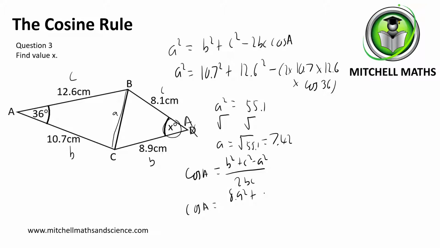8.9 squared plus 8.1 squared, take away a squared, which is 7.42. You can use answer if you still have it in your calculator. Over 2 times 8.9 times 8.1. And you'll find that equals 0.573.